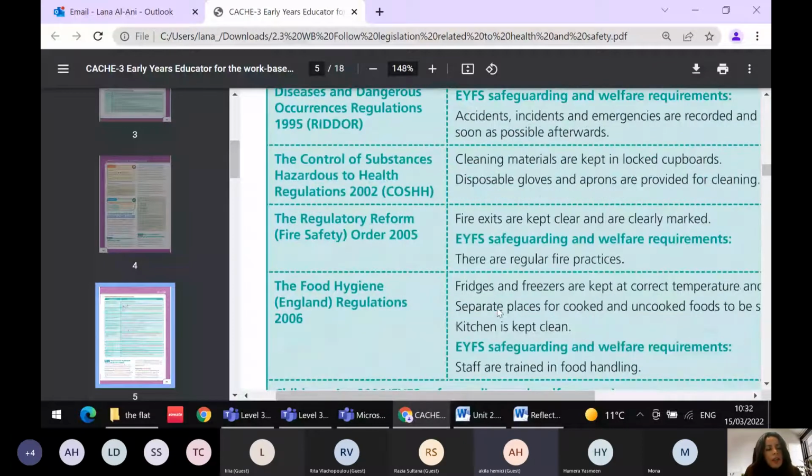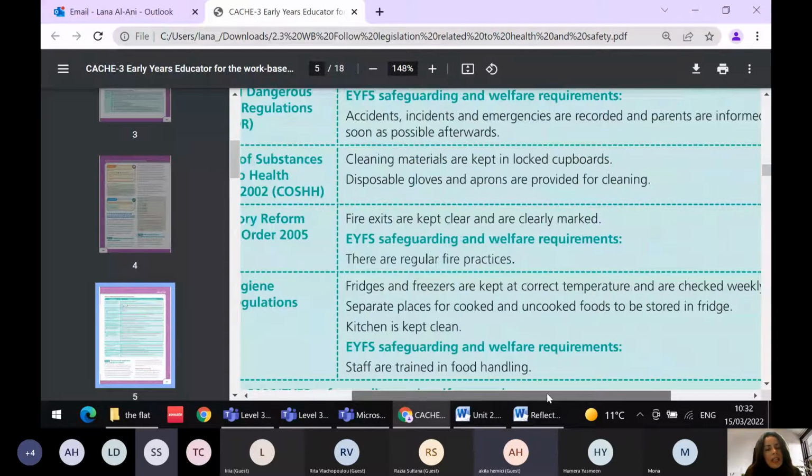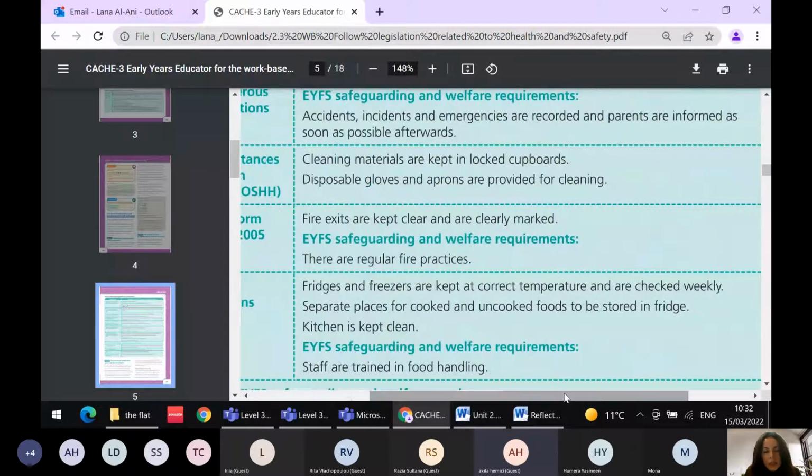How about Control of Substances Hazardous to Health Regulations 2002? What did affect our work? So cleaning materials are always kept locked in a cupboard, and we need to use disposable gloves when we start cleaning with these chemicals.